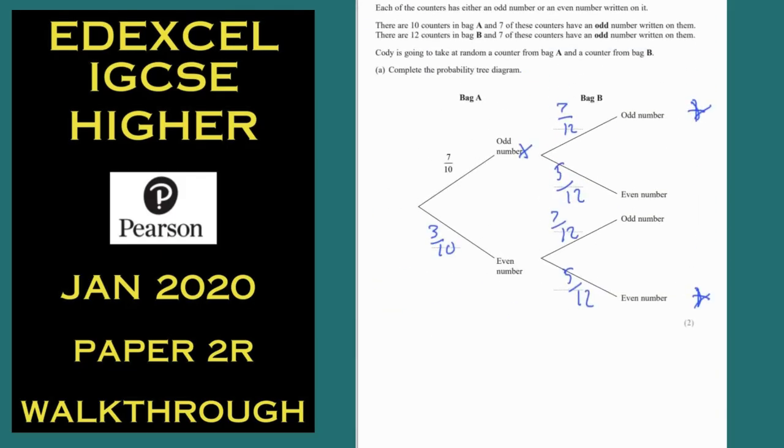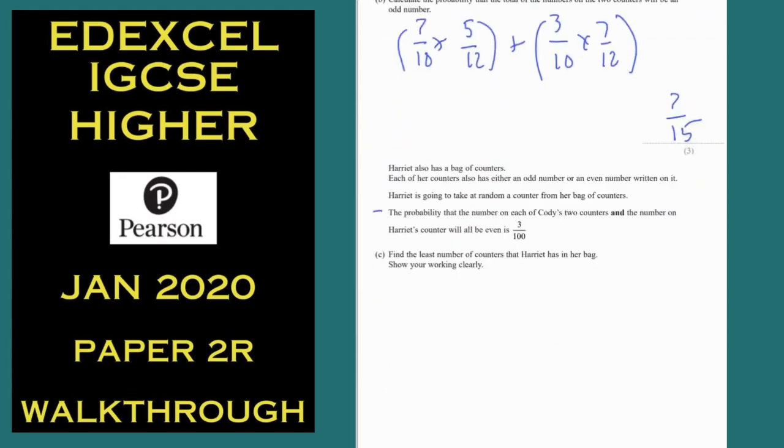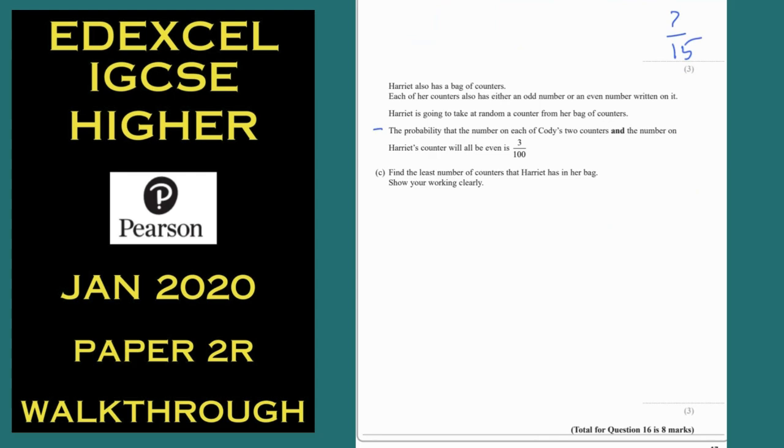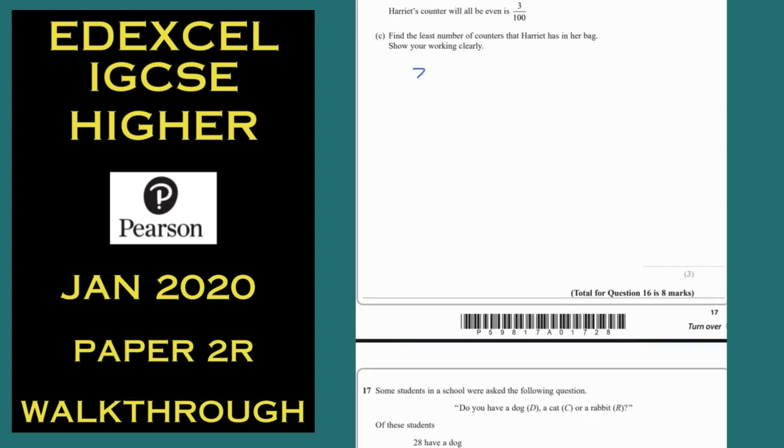Even, even. That's bottom, bottom. So Cody even is 3/10. Cody even bag B is 5/12. Harriet's we don't know, but we know it's equal to 3/100.